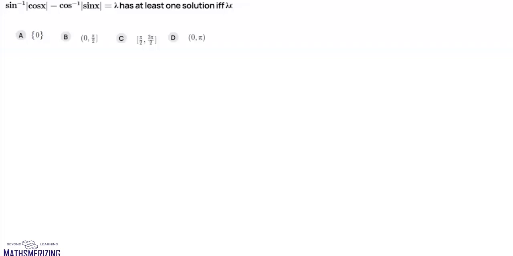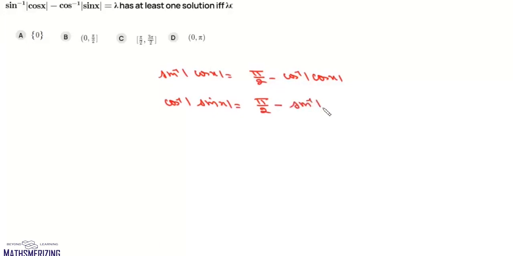Now here the question is, if sine inverse mod cos x minus cos inverse mod sin x equals lambda has at least one solution, then lambda belongs to which of the following intervals? Now we can write sine inverse of mod cos x as pi by 2 minus cos inverse of mod cos x, and in the same way we can write cos inverse of mod sin x as pi by 2 minus sin inverse of mod sin x.